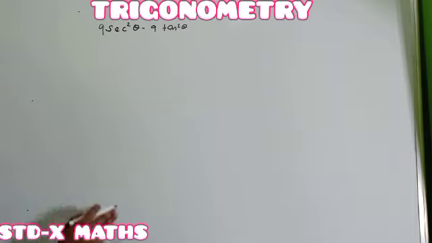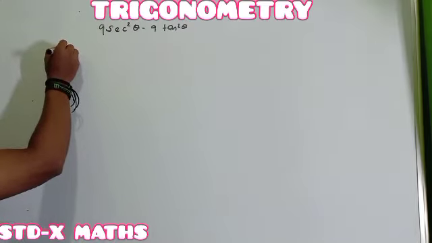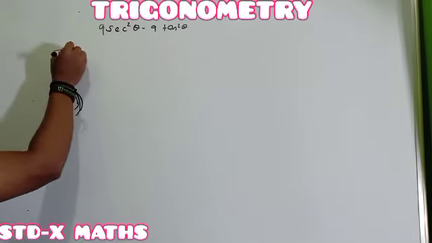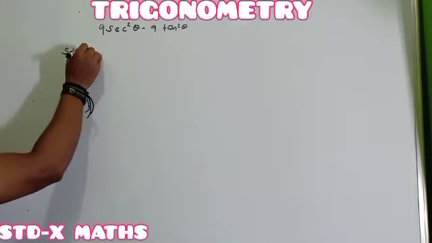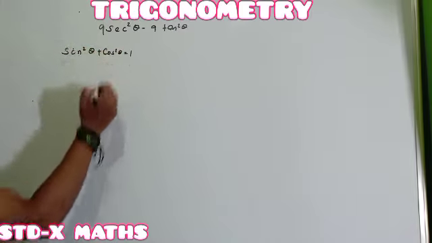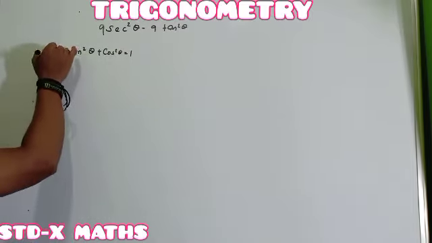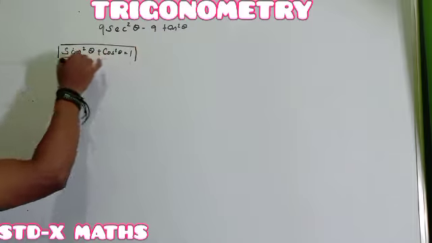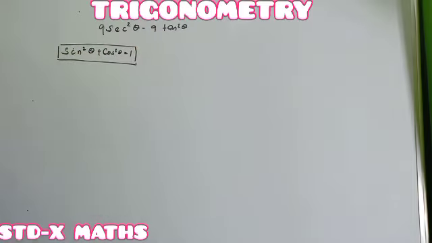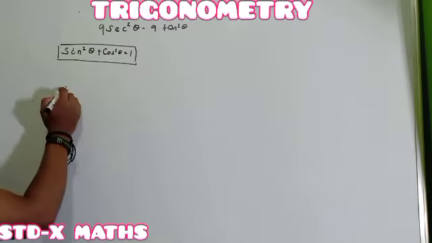Before that, I want to show you something. Here you have to remember the identity. First it was said to you, sin square theta plus cos square theta is 1. Remember, this is a single trigonometric identity, but from it we can derive many more things. See, the first thing I am saying: sin square theta equals 1 minus cos square theta.